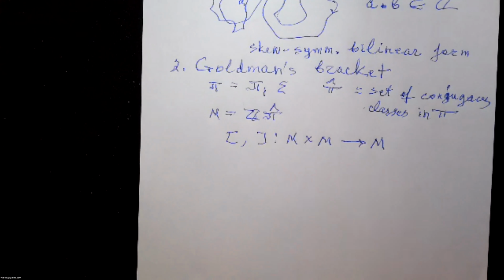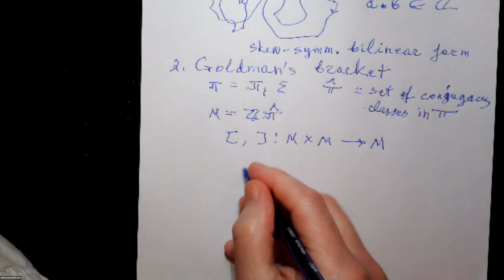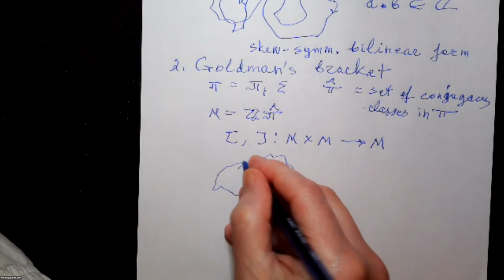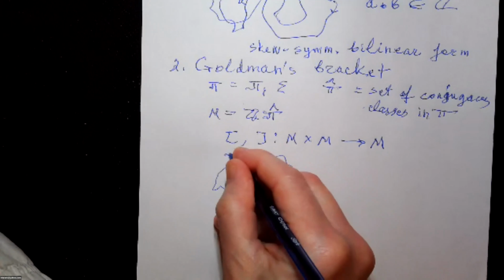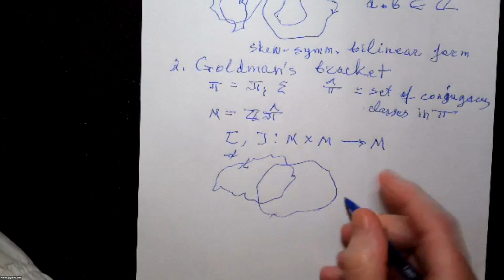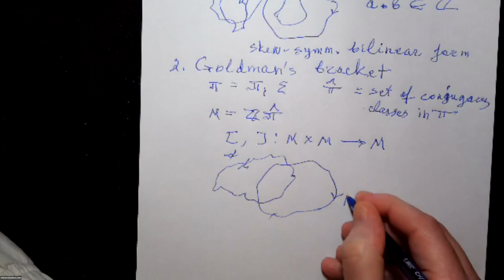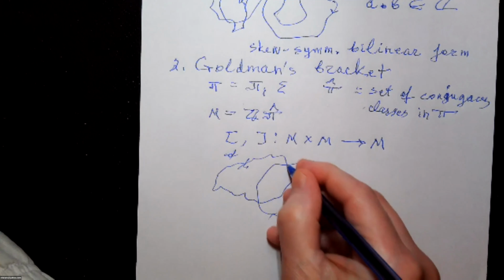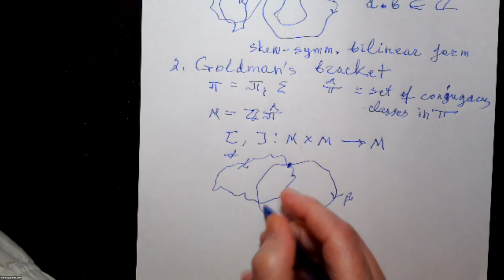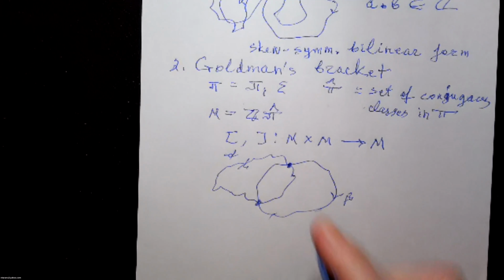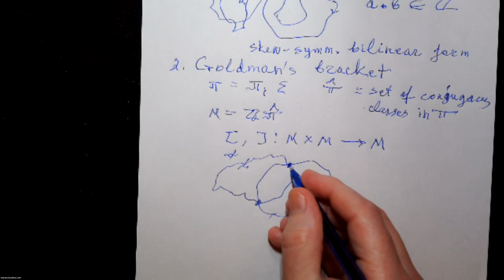Now, how does it happen? On generators, if we have two loops, for example, one loop, let it be alpha, and another loop, let it be beta. So these are two loops in the surface. We consider all intersection points. So let's take one intersection point.